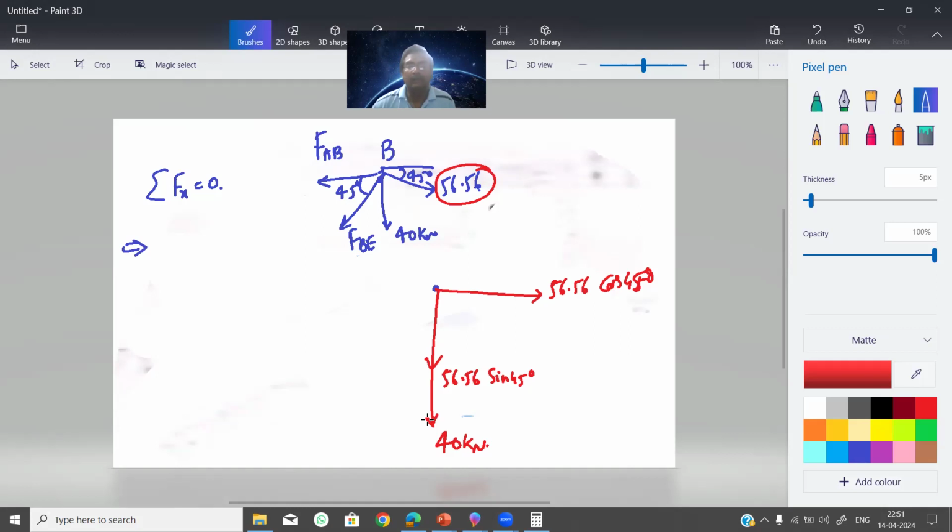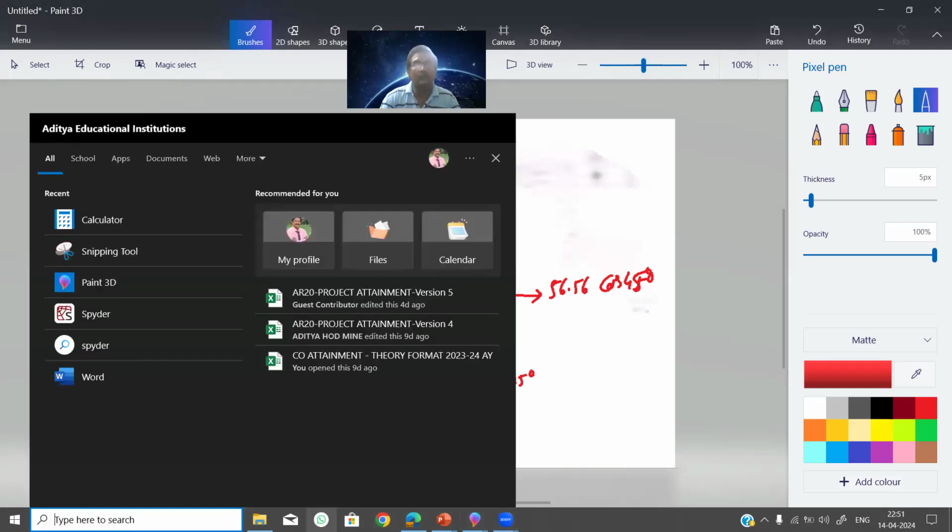I will open here and I will FAB. Okay, we'll do one thing. I will take the snipping shot and I will open again.